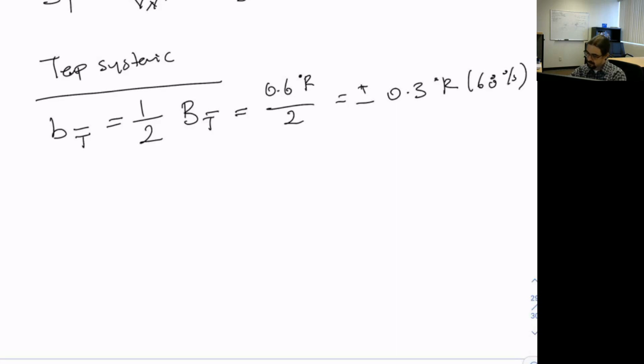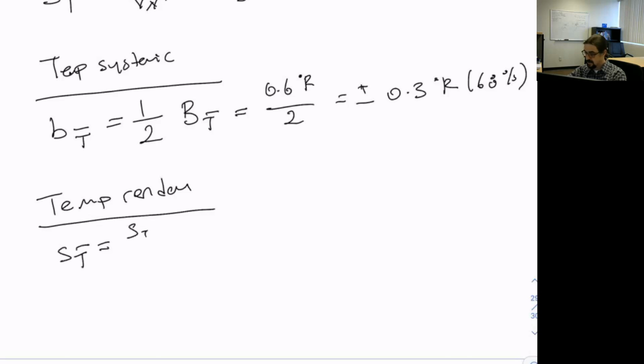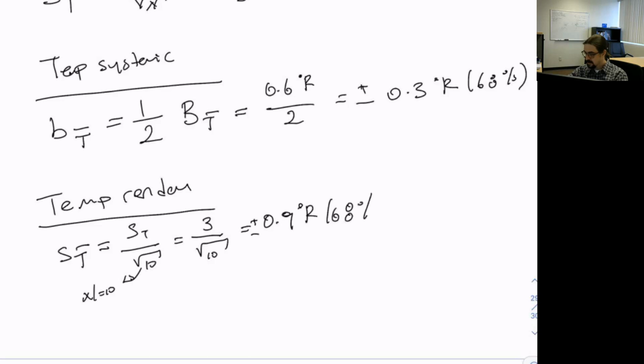And my temperature random error is basically my standard error: ST bar is going to be ST divided by square root of 10, because my n was 10 in this measurement. Then it will be 3 divided by square root of 10, and that's going to be 0.9 Rankines plus minus at 68 percentile. There you go.